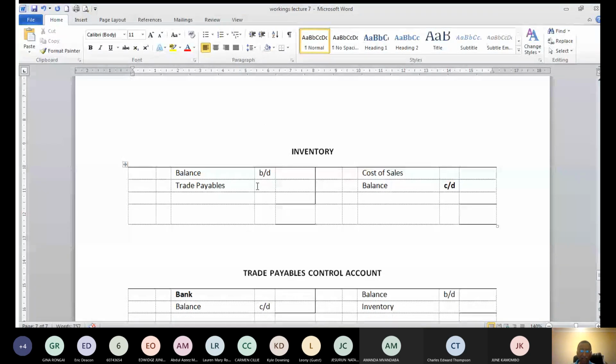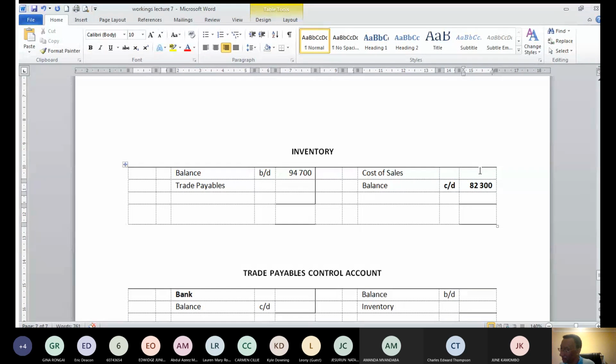If I do my inventory account, the inventory account will start off with an opening balance. Go to the opening balance of inventory, and inventory has got an opening balance of 94,700. The closing balance of my inventory is the amount of 82,300, balance at the end of the year.